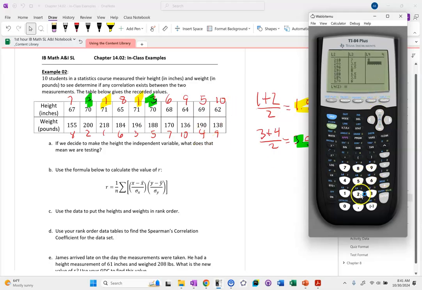So 8, 2, 1, 6, 3, 5, 7, 10, 4, and then 9. And now I'm just going to run a LinReg on L3 and L4. And the R value that spits out of that is going to be my Spearman.